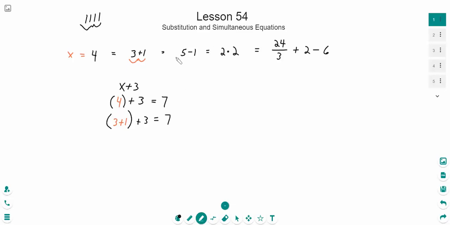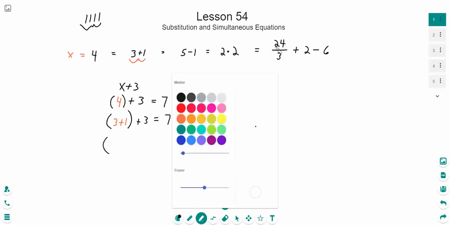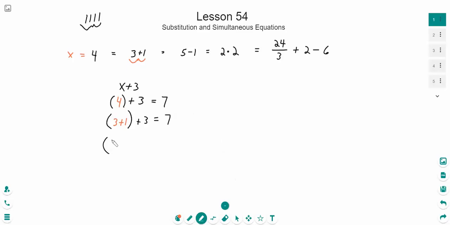So in like manner, I could do that for any one of these expressions up on top. The most complicated one, of course, would be the last one, so let's show that. I could plug in this 24 over 3 plus 2 minus 6, and then plus 3 is going to be equal to, well, 24 divided by 3 is 8. 8 plus 2 is 10. 10 minus 6 is 4.